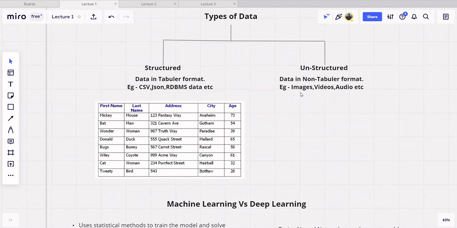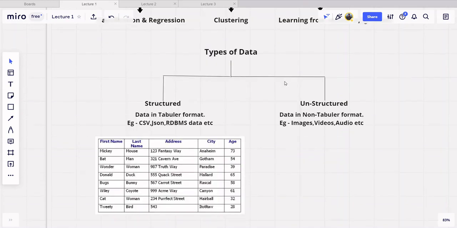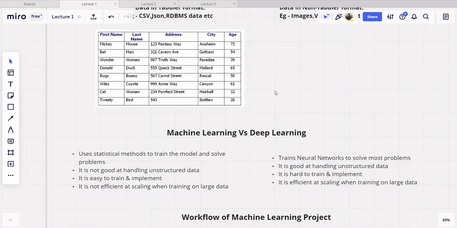For images, there are different types of neural networks, whereas for text data, there are different kinds of neural networks. So there are different ways to deal with structured and unstructured data. Okay, so that was it.